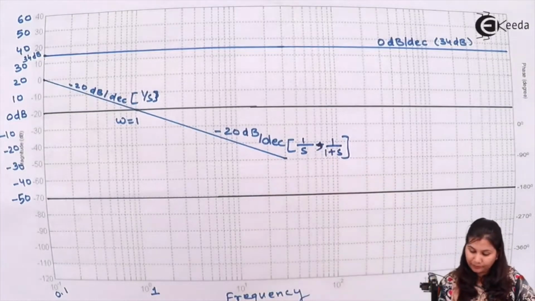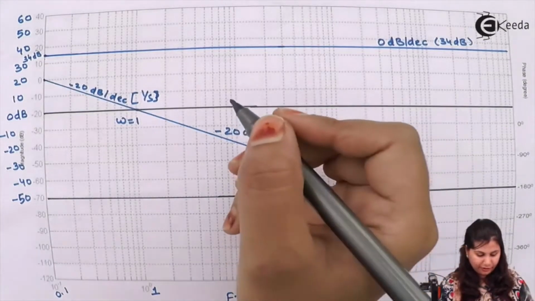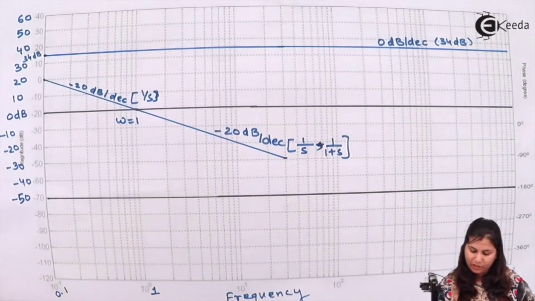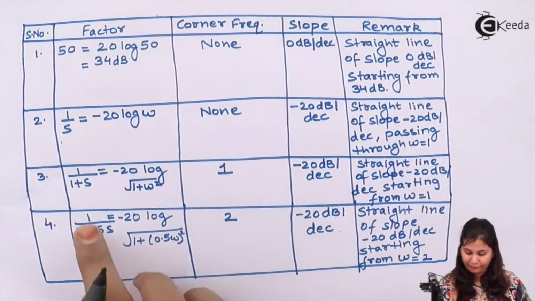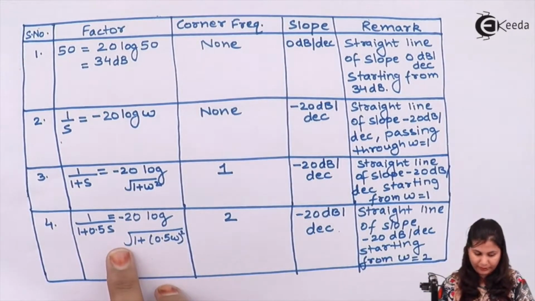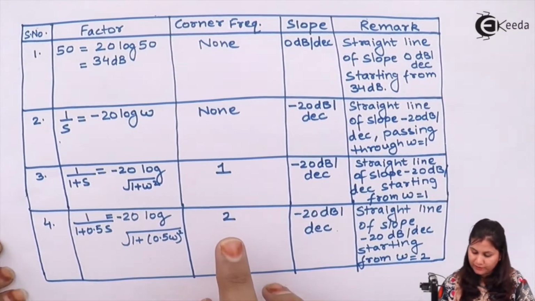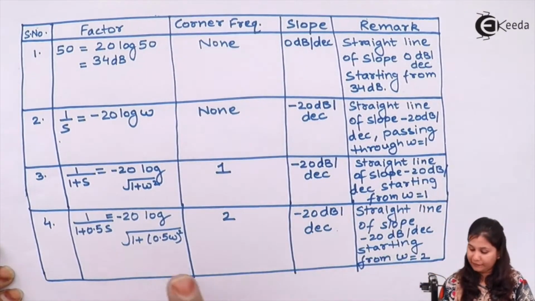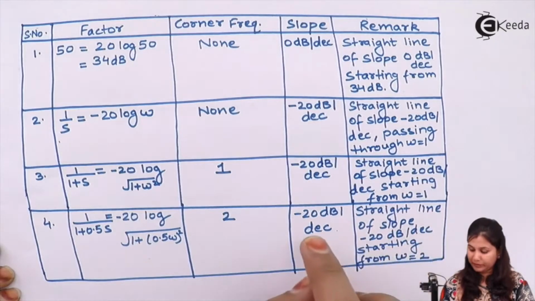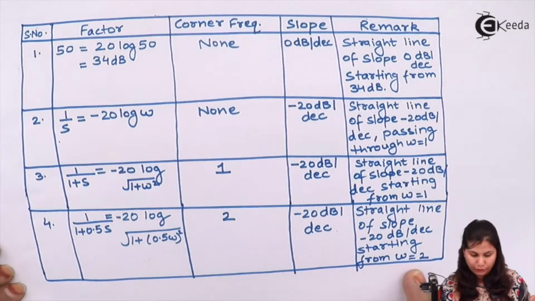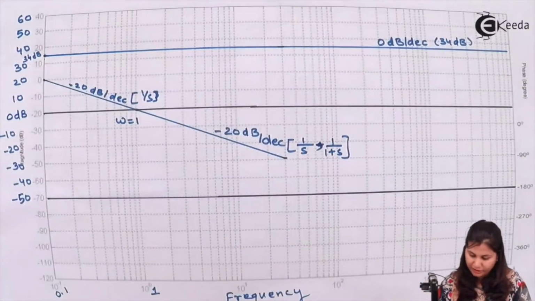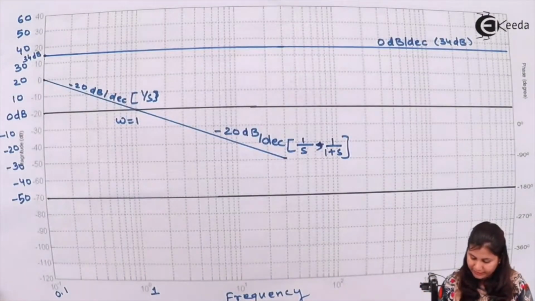Okay. Now we have the fourth factor as 1 upon 1 plus 0.5 s, and its corner frequency is 2. So this will be a straight line having slope minus 20 dBs per decade, starting from the frequency omega equals 2. So mark the frequency omega equals 2.